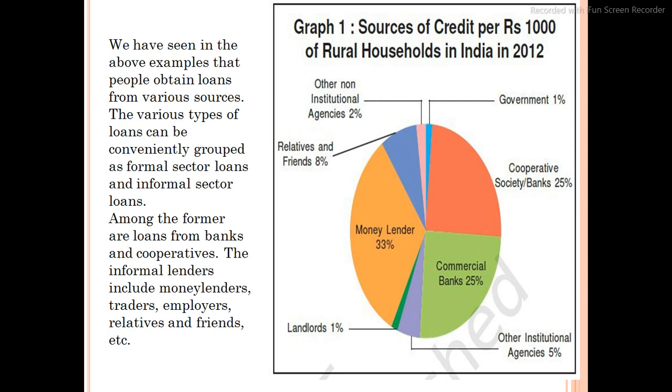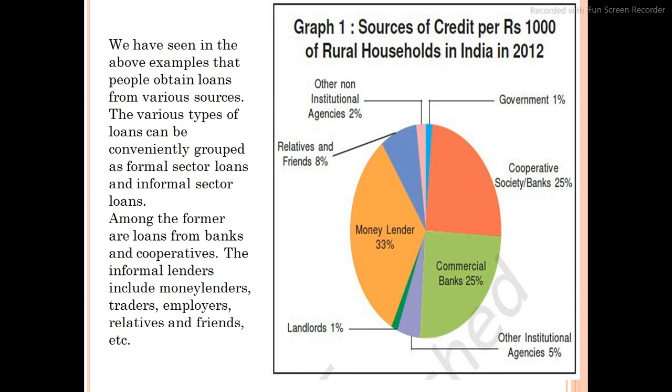We have seen in the above example that people obtain credit from various sources. And what are the loan sources? Let's discuss. The various types of loans can be conveniently grouped as formal sector loans and informal sector loans.